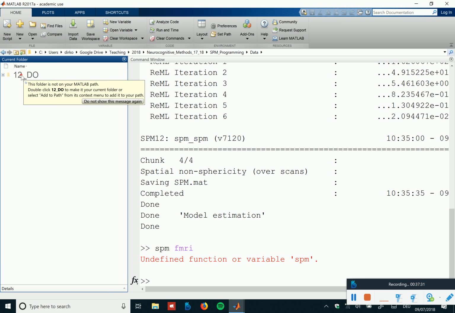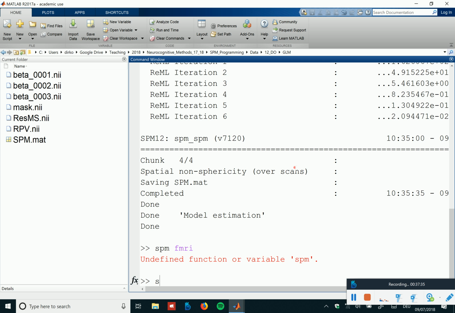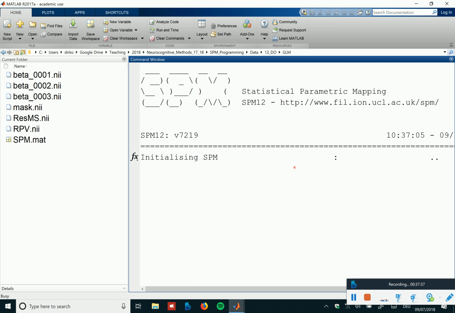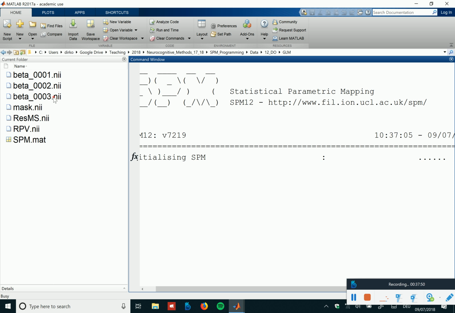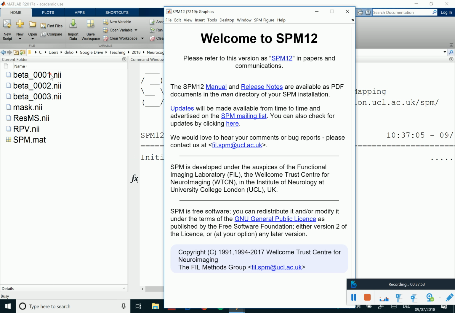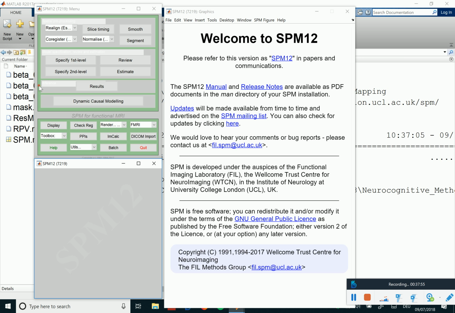So let's have a look at what we have after estimation. What you can see is that there are 3 volumes corresponding to the beta parameters. Each volume has the estimated beta parameters for one condition. One can look at them, of course.